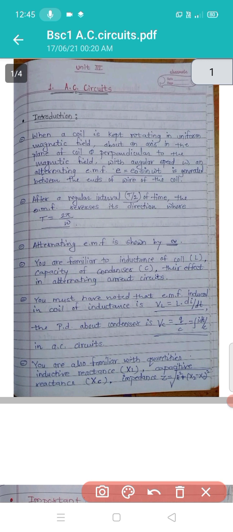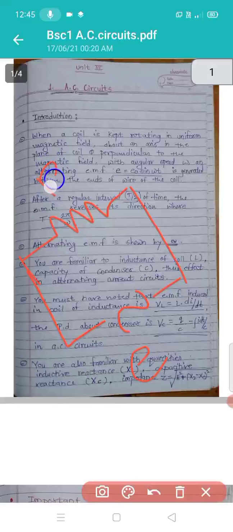See, here for your convenience we can draw a simple AC circuit. This is the alternating EMF, and this is the resistance R. This is a simple AC circuit.